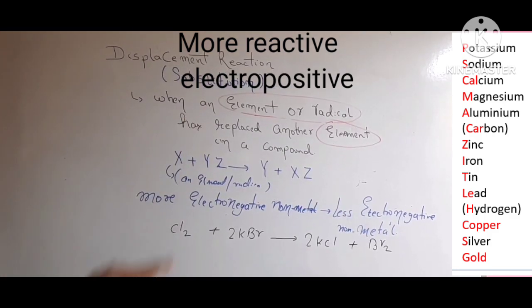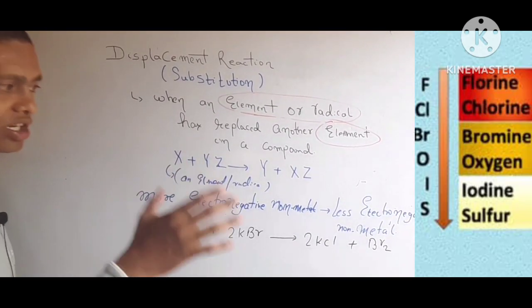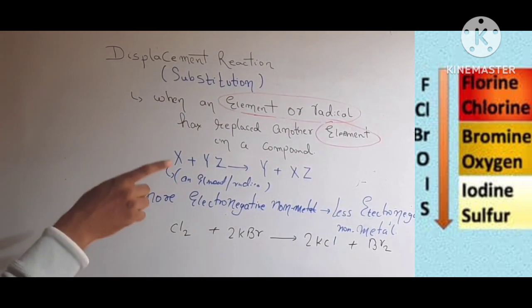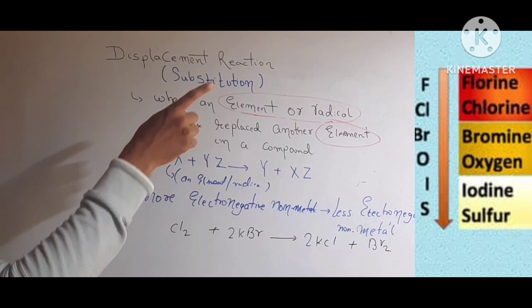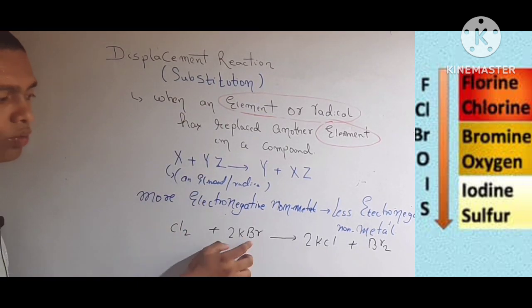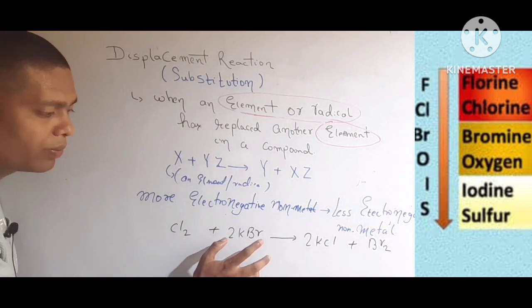As you asked me to show the electrochemical series for non-metals, I will show you that now. The metal one you understood; that's the non-metal one. Now you see the top one. We know this is a non-metal, chlorine. Which one here is a non-metal? Sir, bromine. So chlorine is going to displace or remove the bromine from its place.